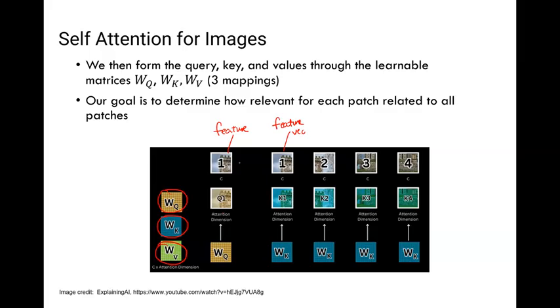So this guy multiplies this to calculate the attention, this Q vector. And for each other, we'll have the K vector with the multiplication of WK. So we form the Q and the K vectors through these learned matrices.